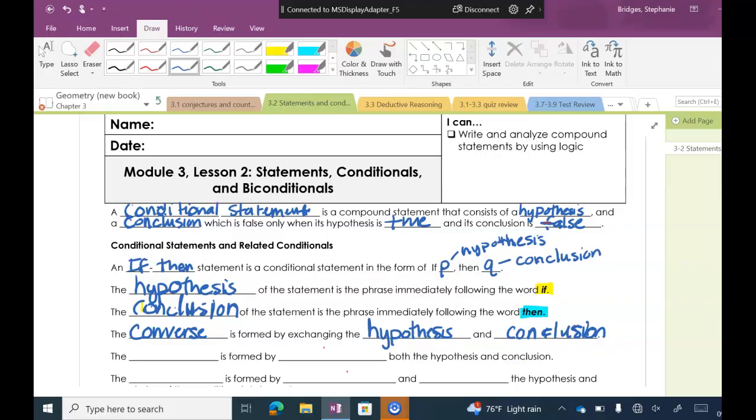Okay, so the converse is formed by switching out the hypothesis and the conclusion. Then we're going to write the inverse.